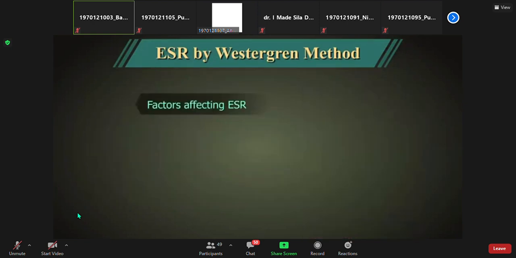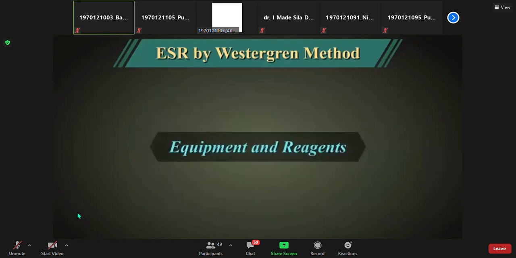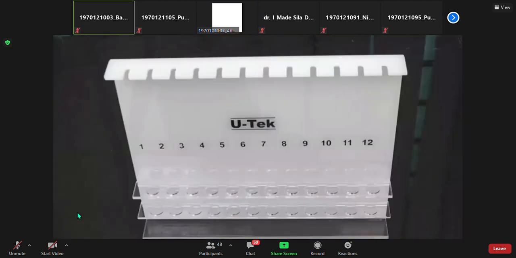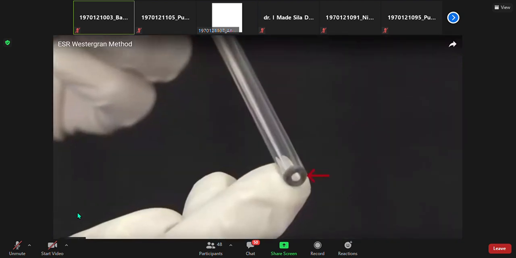Other factors which affect sedimentation include the ratio of red cells to plasma, the plasma viscosity, and the bore of the tube. Equipment and reagents: Westergren rack, Westergren tubes with internal diameter of 2.5 millimeters.